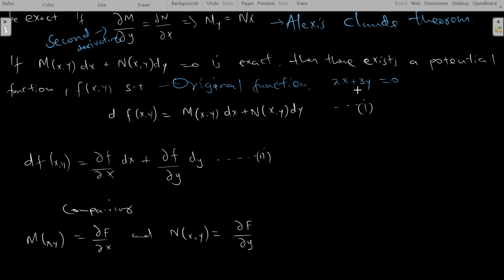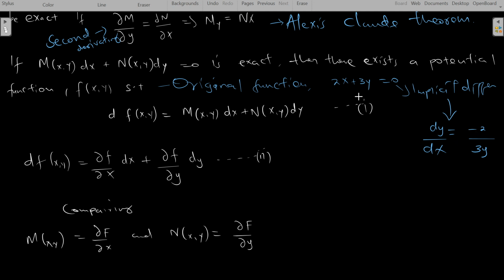Then I use implicit differentiation to get dy/dx, which for this case we get negative 2 divided by 3. So this is our implicit differentiation.